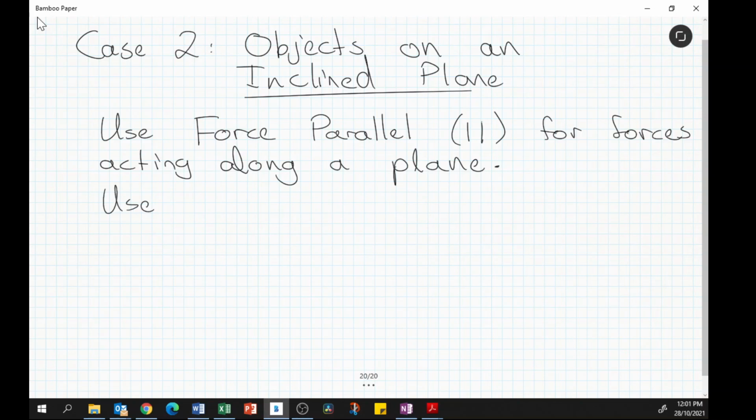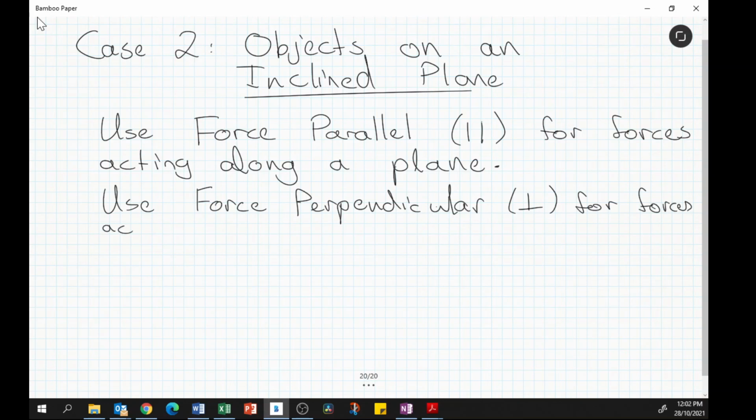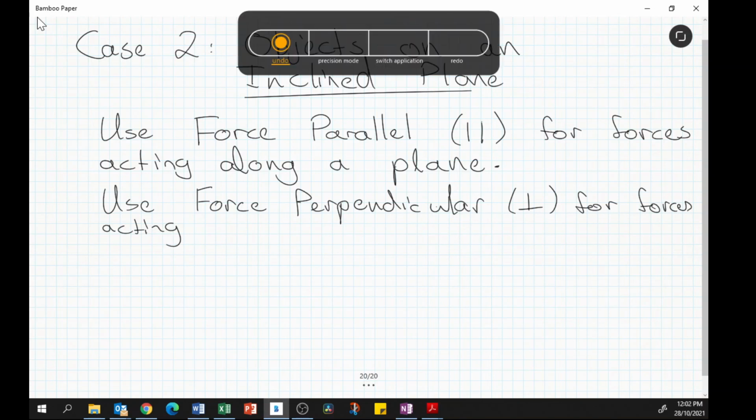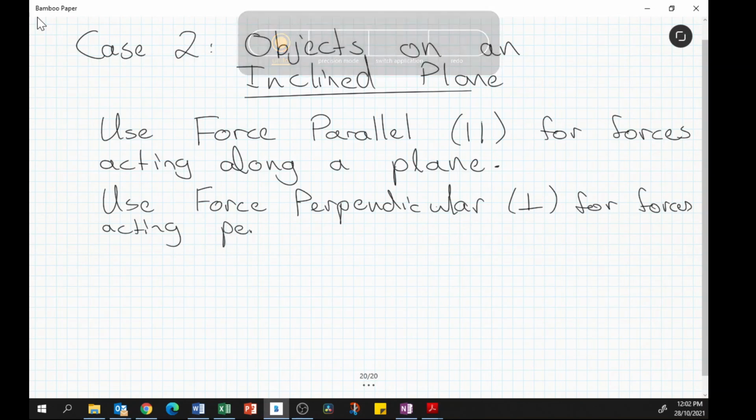Use force perpendicular. So a bit of notation here. And we'll use, of course, the perpendicular symbol, for forces acting perpendicular to the plane. There's not really any other way I can say that.